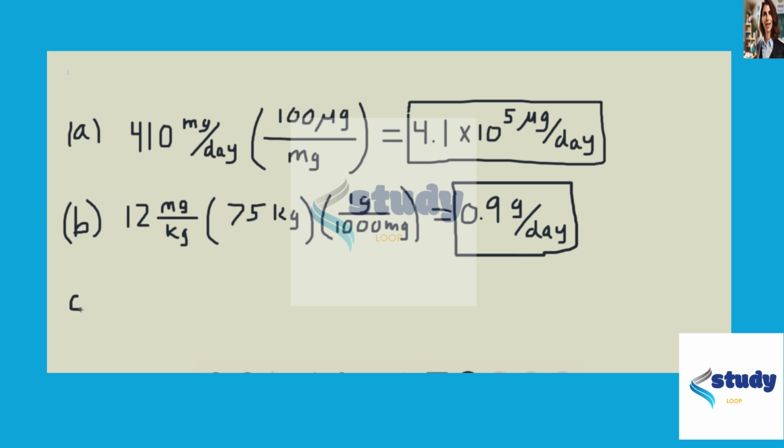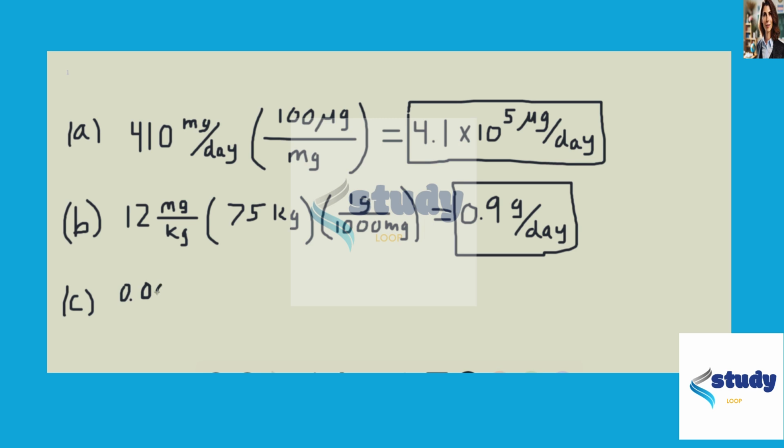Okay. The third part C, says that a typical multivitamin contains 2 milligrams of vitamin B2, and the recommended daily amount is 0.003 grams per day. So we're asked to figure out how many tablets we would need to take in order to get this minimum amount here.